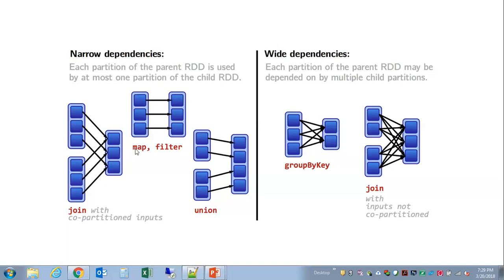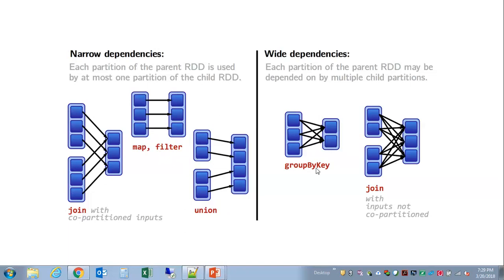These two functions are also examples of narrow dependency transformations. Here you are doing union. Again, this can be a narrow dependency because all you are doing is gathering all the data in these two RDDs and putting them together in a single RDD. So join with co-partitioned inputs, map, filter, union are all examples of narrow dependencies.